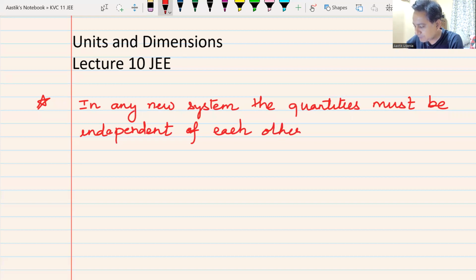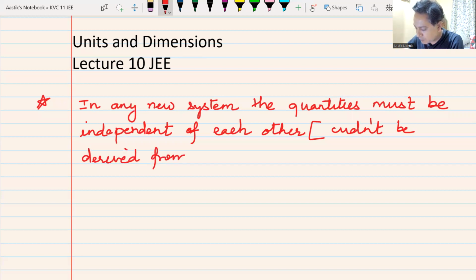That means they could not be derived from each other. So we cannot have a fundamental system where we have quantities which can be derived from each other. I hope this point is clear.